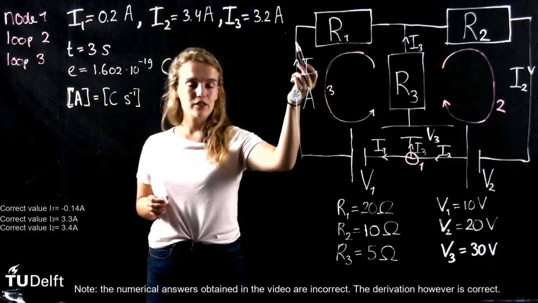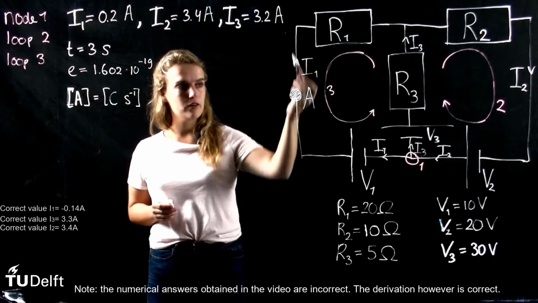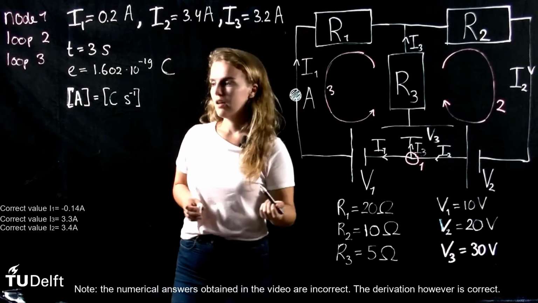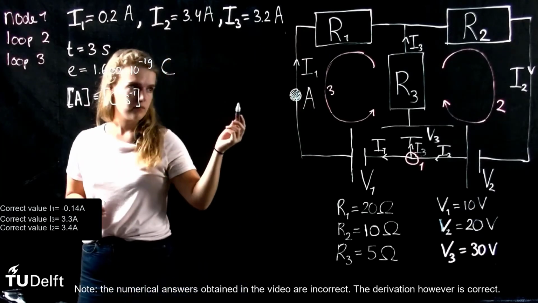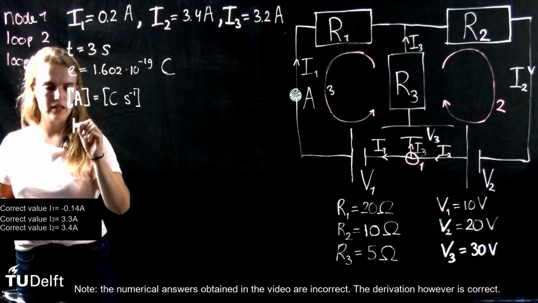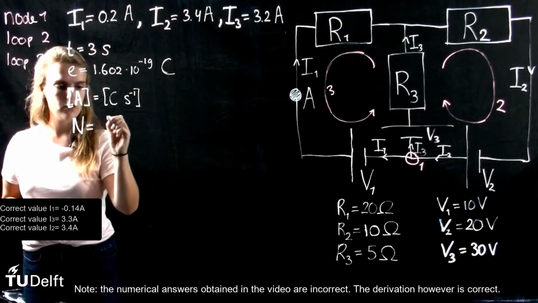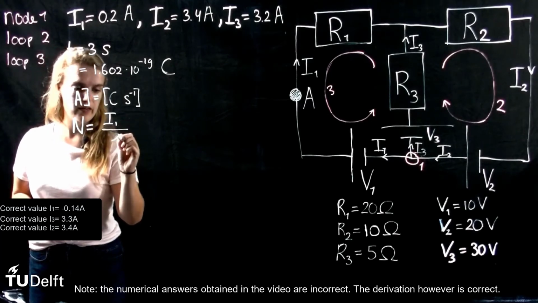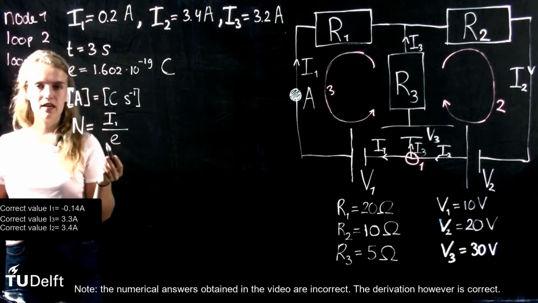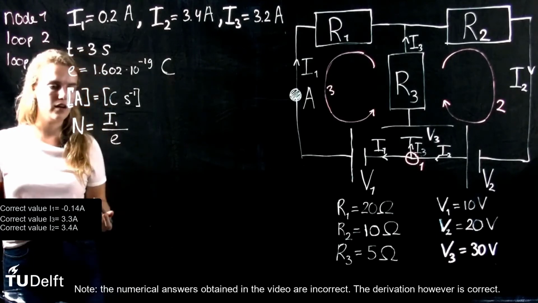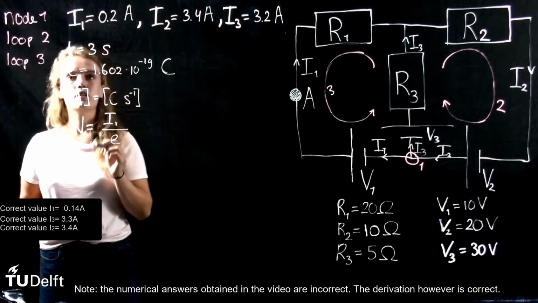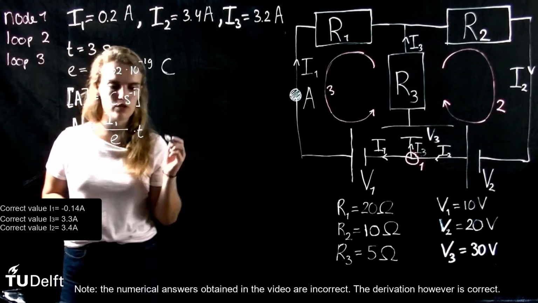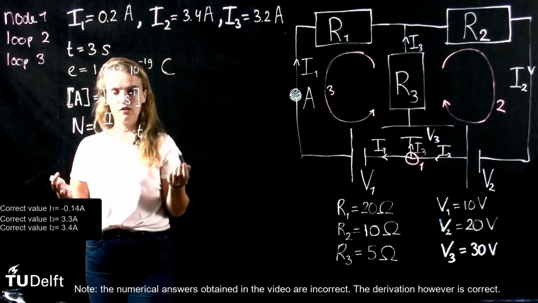What is important is that electrons are negatively charged, so the current is in this direction, but the electrons move in this direction. And then at point A, we have the number of electrons N, which is equal to the current I1 divided by the electronic charge, so that we have the exact number of electrons, and then also times the time, such that we get a unitless amount, which is actually just a number.